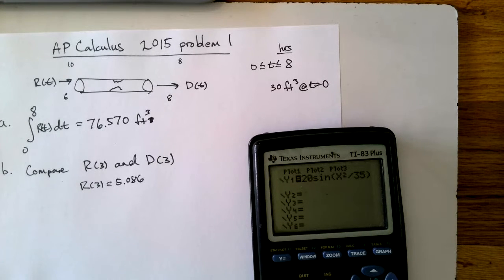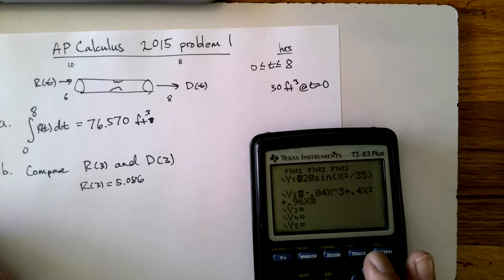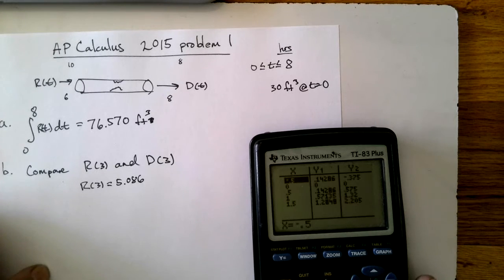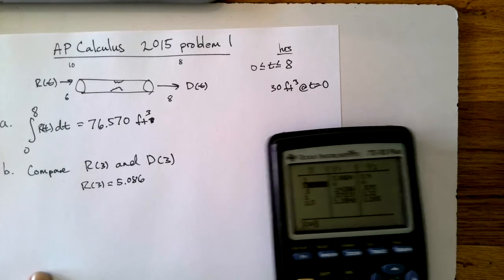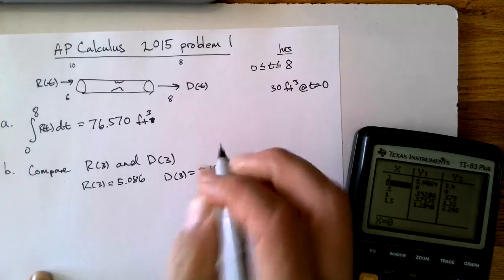And it is negative 0.04x cubed plus 0.4x squared plus 0.96x. And there I have it. We'll go to the table on this one. I can look at y sub 2. If you type in 3, you see my first one is 5.086. Next one is 5.4. So D of 3 is equal to 5.4.